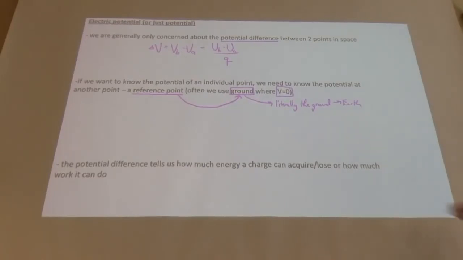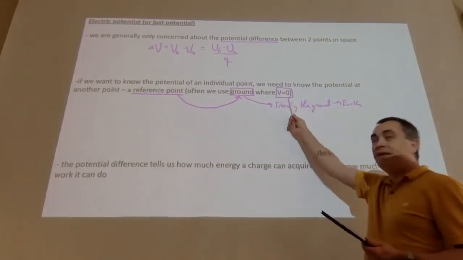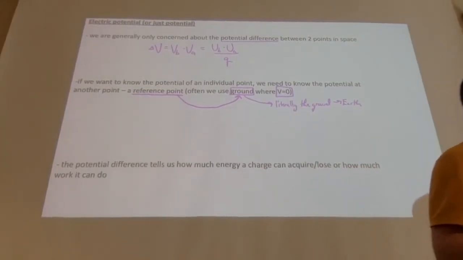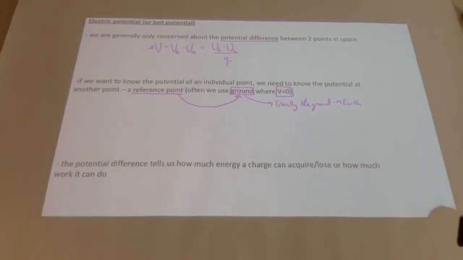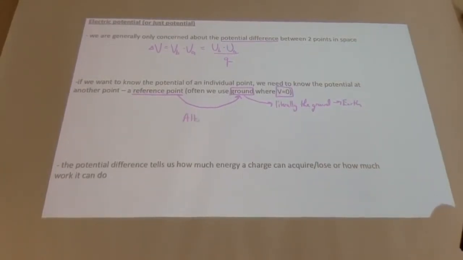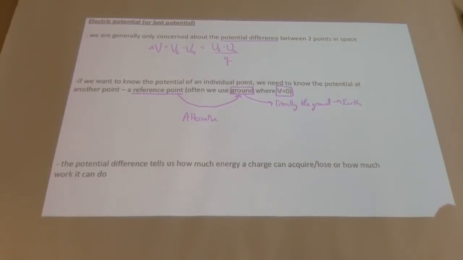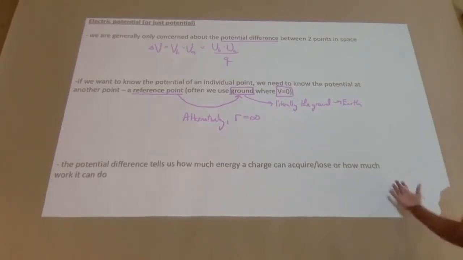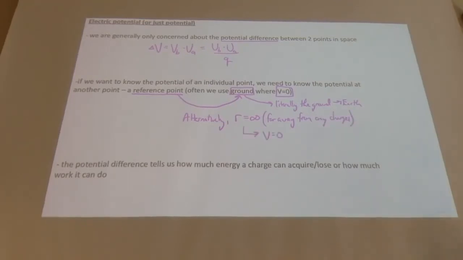It allows us to have a region of space where there really is no potential, okay? Alternatively, we will use R equals infinity, meaning far, far away from any other charges, as a location where V is equal to 0.